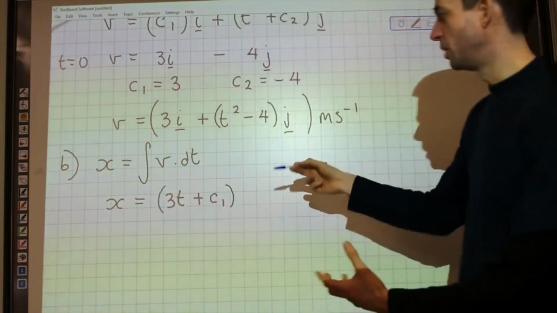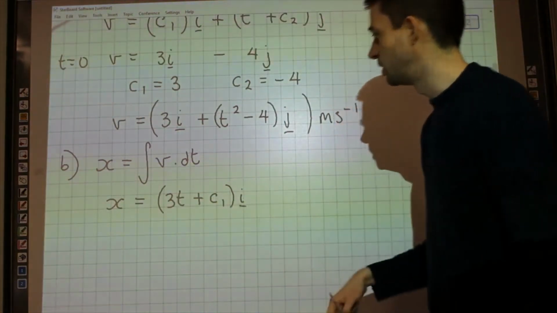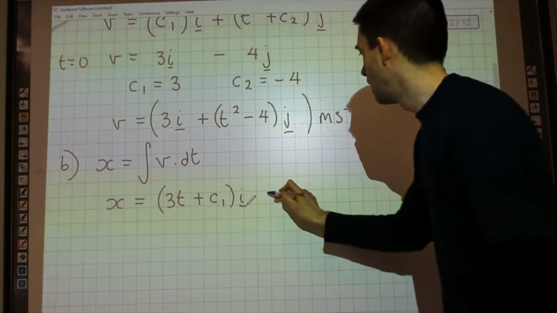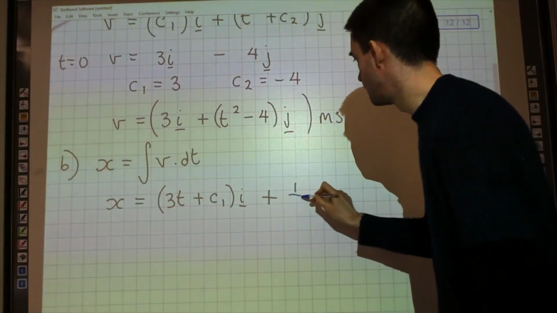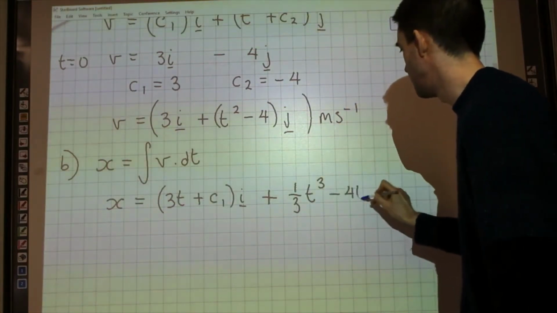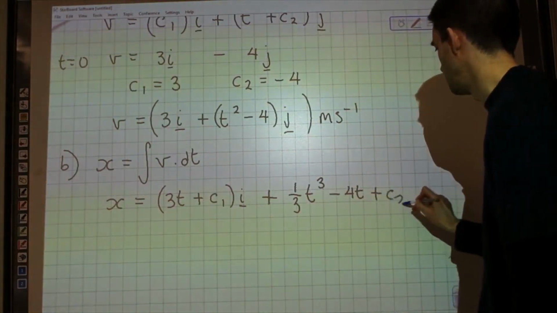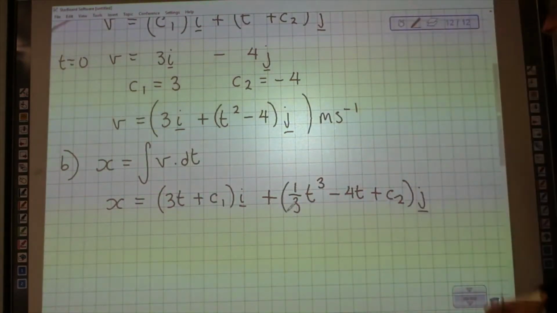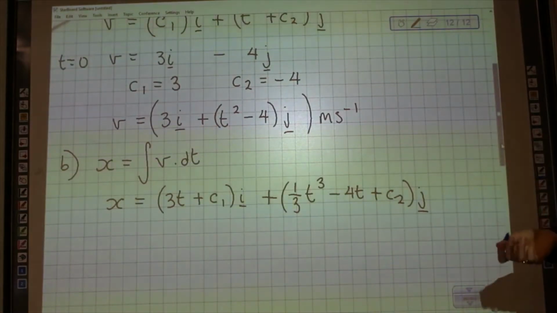It doesn't matter that I'm calling it c1 again, it's a different question, a different constant. I get plus 1/3 t cubed minus 4t plus c2 j. And that is my expression for position.